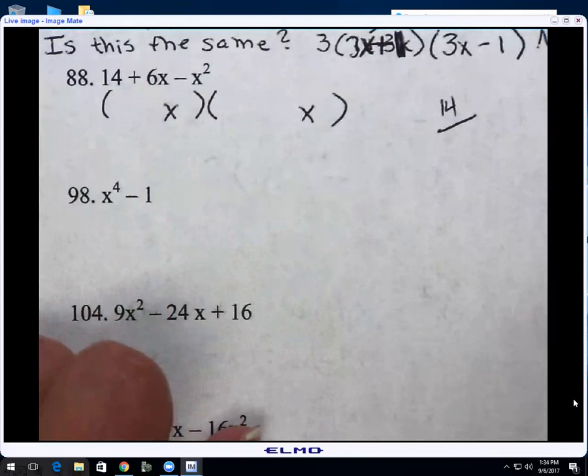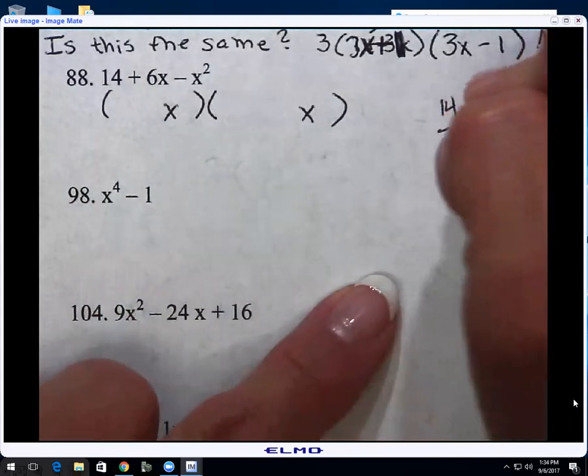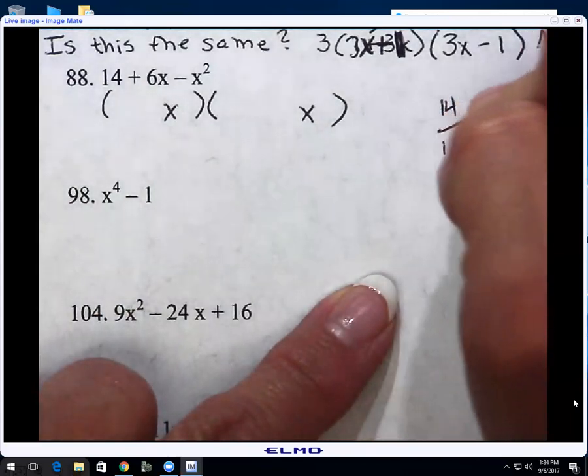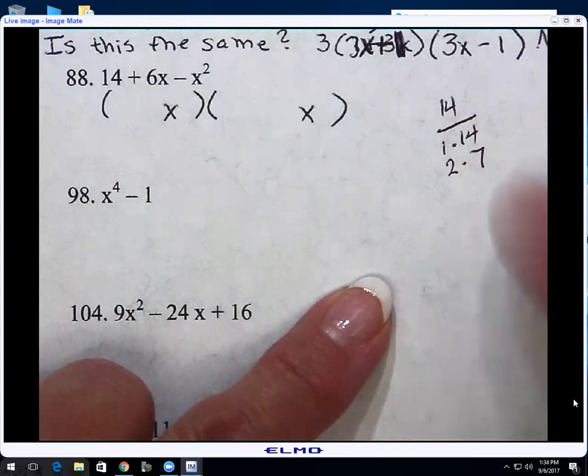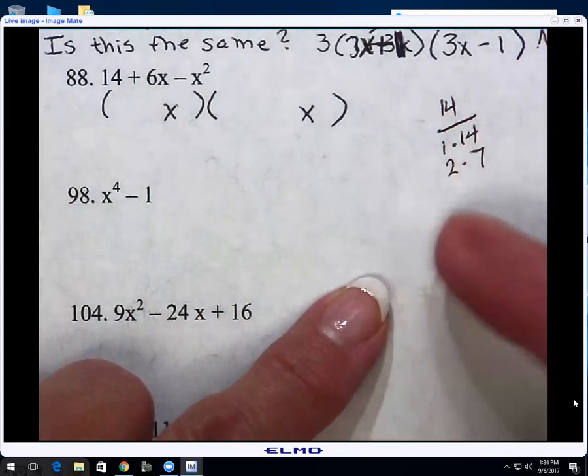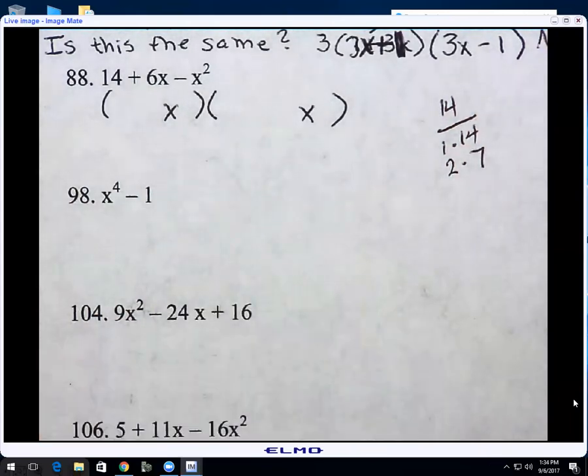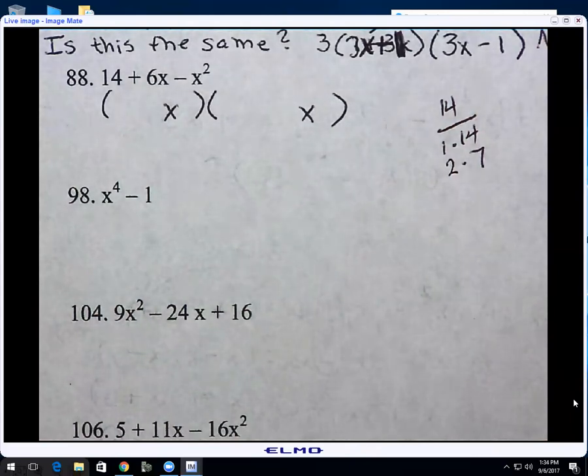7 and 1 aren't factors of 14. Those are the only factors of 14, and none of them have a difference of 6. What does that tell you? You could absolutely say not factorable if you want to write that many letters.